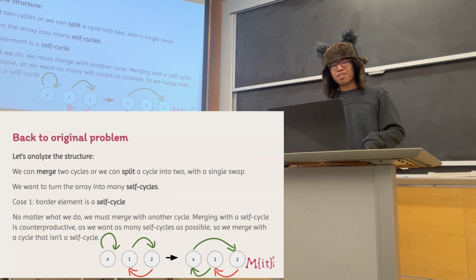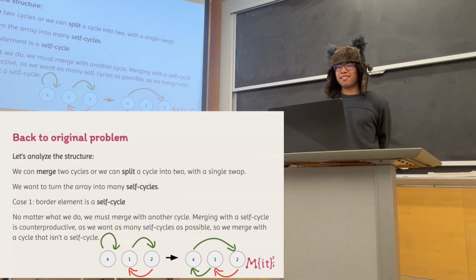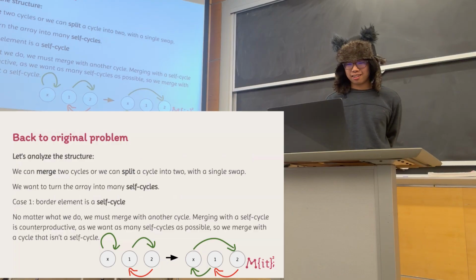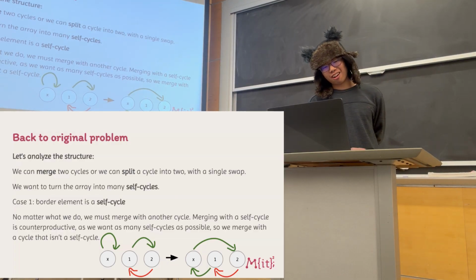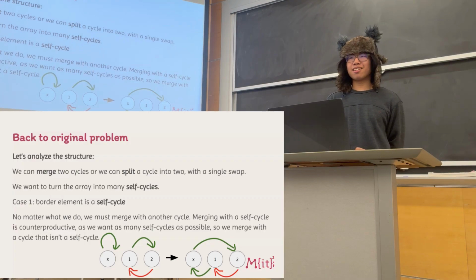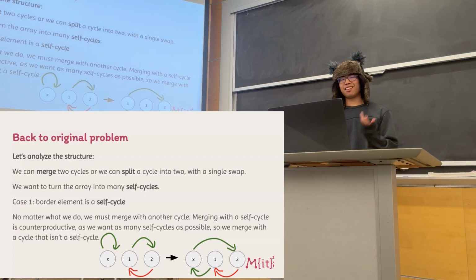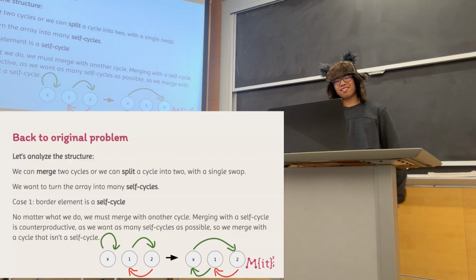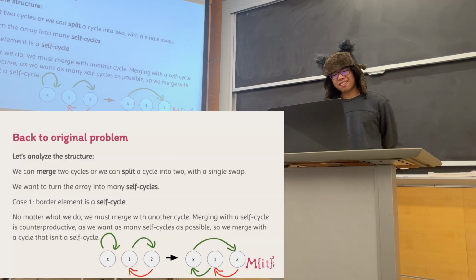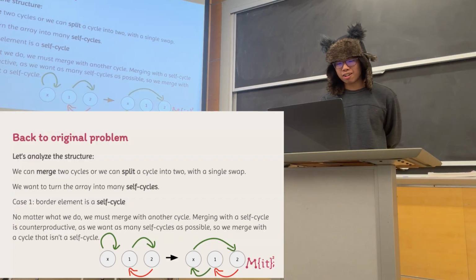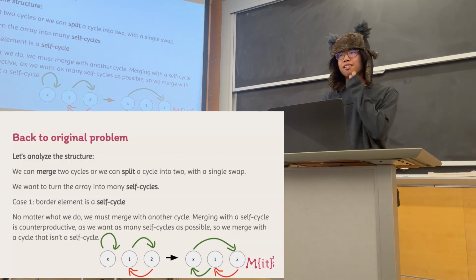So you would merge the self cycle of the border element with some other cycle. Merging the border element with a self cycle would be counterproductive because we would probably just split that cycle in half with the next operation. So yeah, we probably want to merge with a cycle that isn't a self cycle.